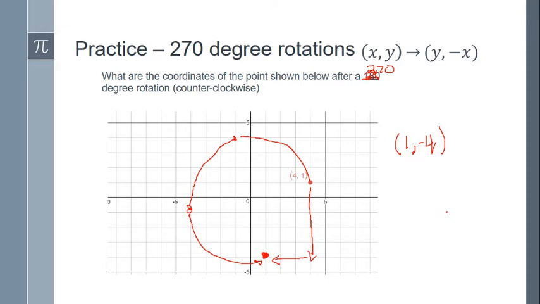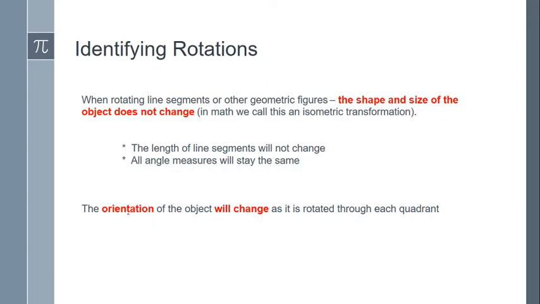So it could also be that I translated this point to its new location. When we're dealing with points, there's really no way for me to tell the difference between a rotation and a translation. But when we're dealing with objects like line segments, triangles and polygons, then I can tell by looking at the orientation of the figure. That's why it's important.